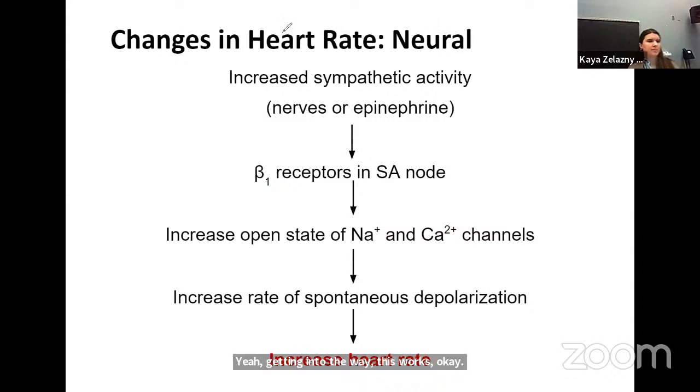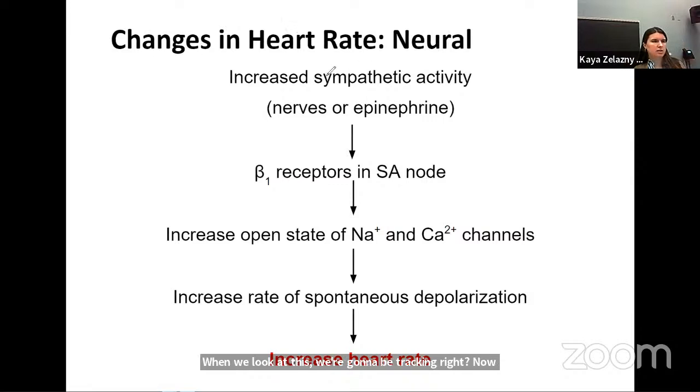So when we look at this, we're going to be tracking right now our sympathetic activity, okay? Our fight or flight, and we're also going to tack on the hormone piece here because it's kind of an aside. Epinephrine, coming from your adrenal glands, works pretty similarly to your sympathetic activity because that is also one of the hormones that we can ultimately release and control with the sympathetic nervous system.